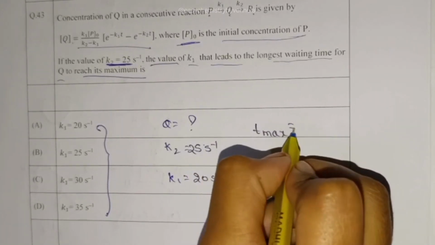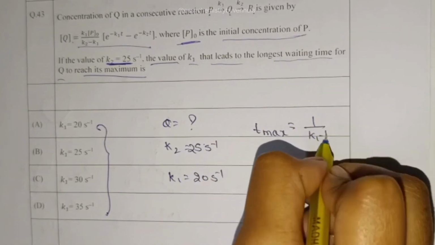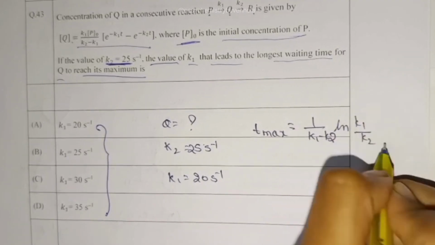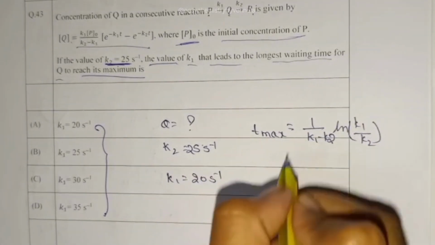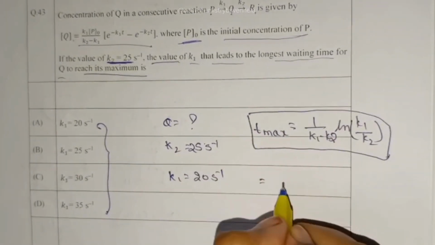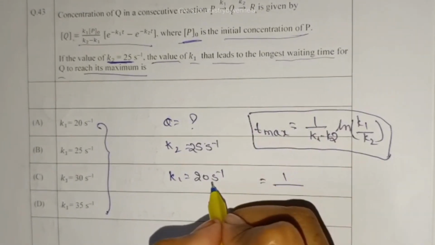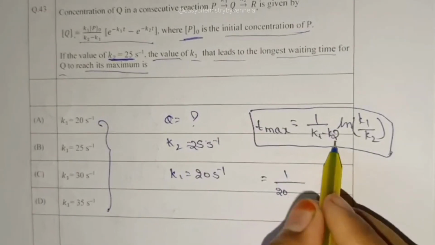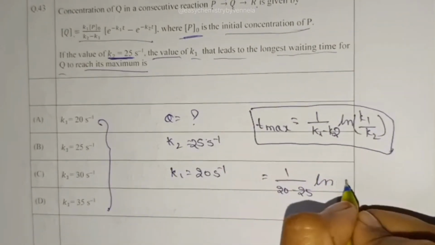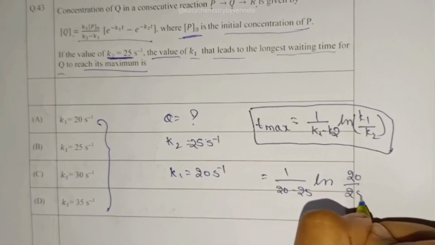T max is equal to 1 by K1 minus K2 ln K1 by K2. Here this is the formula. So 1 by K1, I am taking 20, and K2 already given 25, ln 20 by 25.